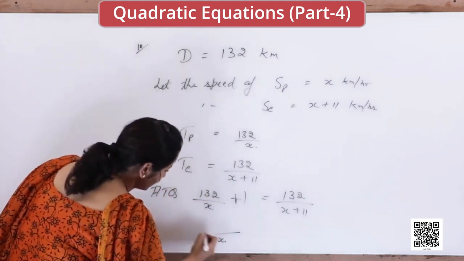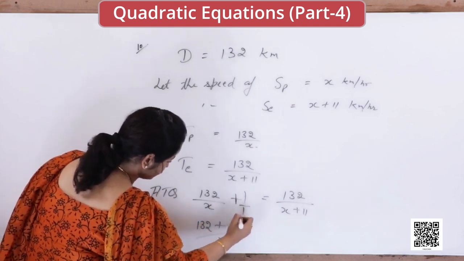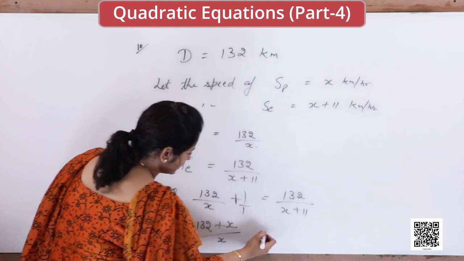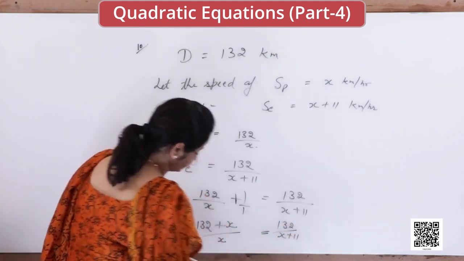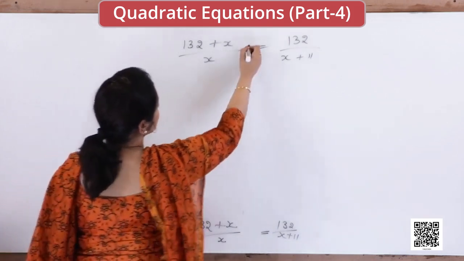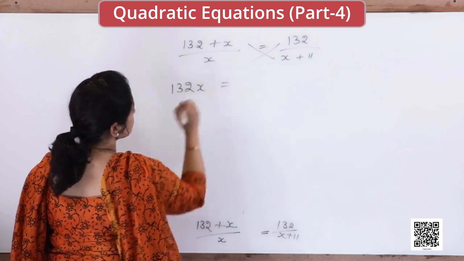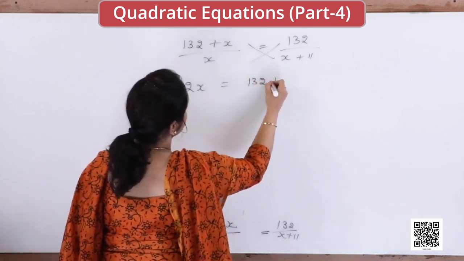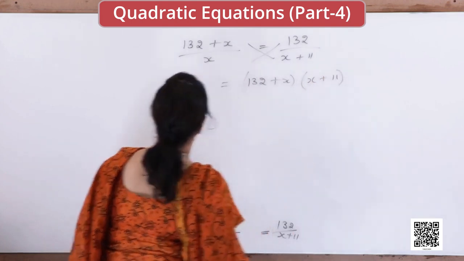Here the LCM will be x. So, 132 plus x here equals to 132 upon x plus 11. So, cross multiplying it, we will get 132x is equal to 132 plus x multiplied by x plus 11.